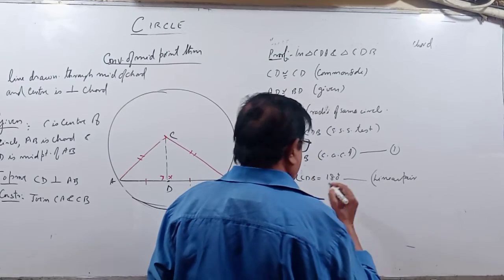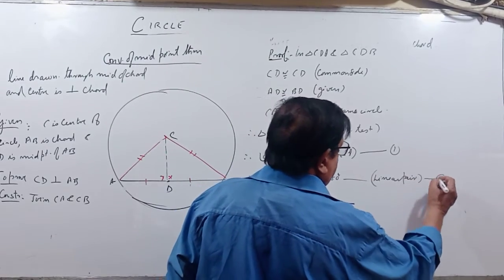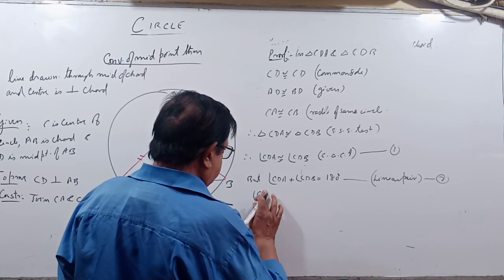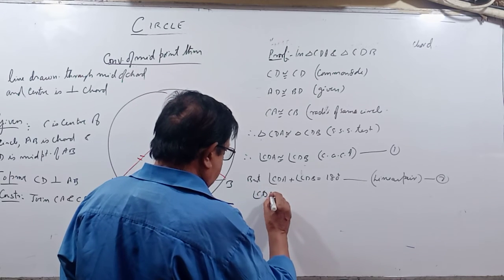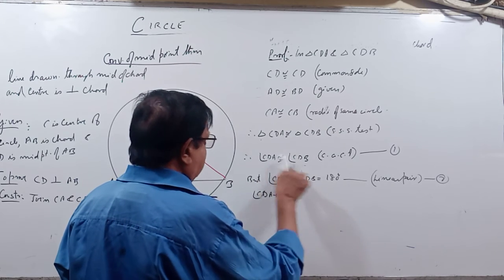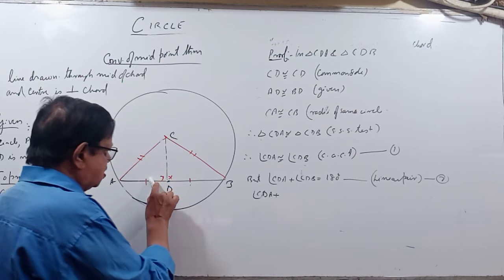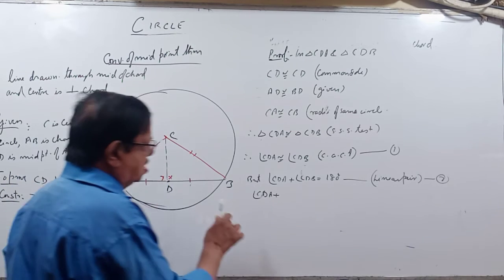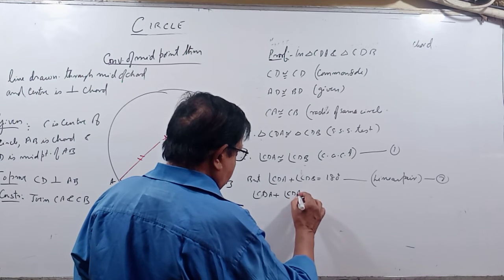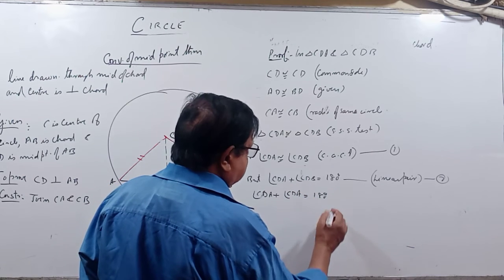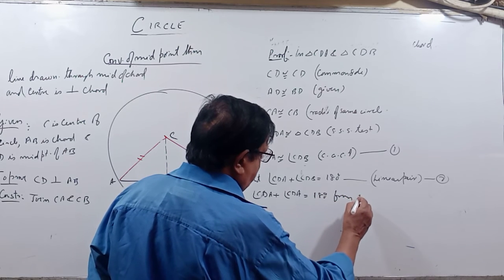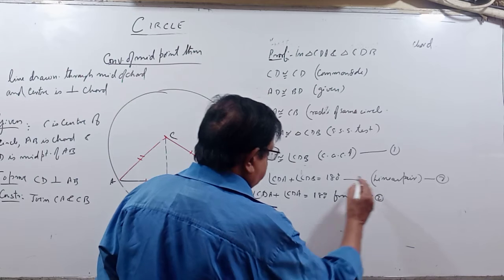Therefore, angle CDA plus angle CDB, we can write CDB as CDA, they are equal. CDA equals CDB, therefore they are equal. CDA plus CDA equals 180 degrees, from 1 and 2.